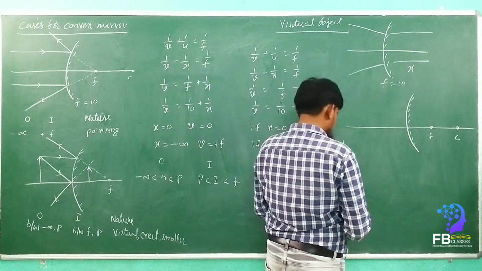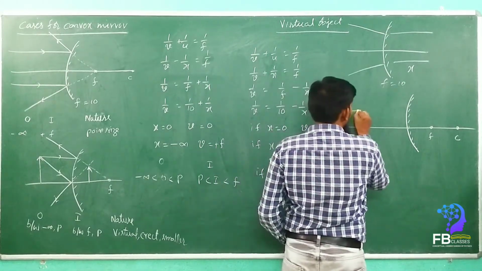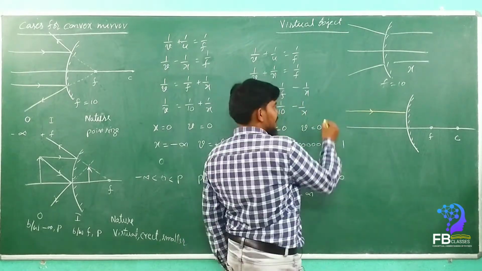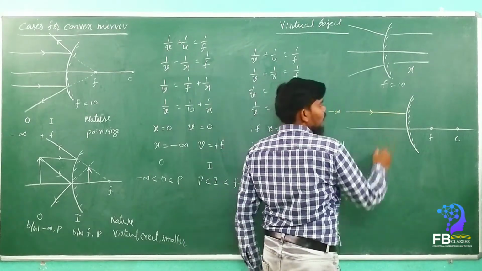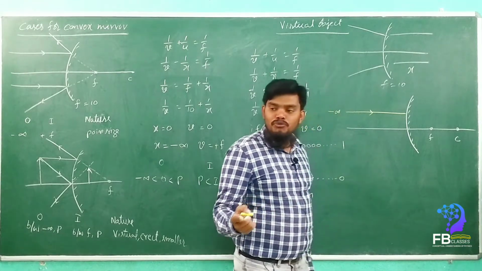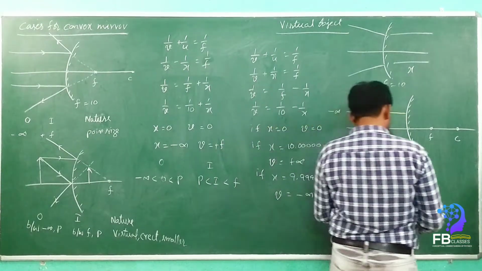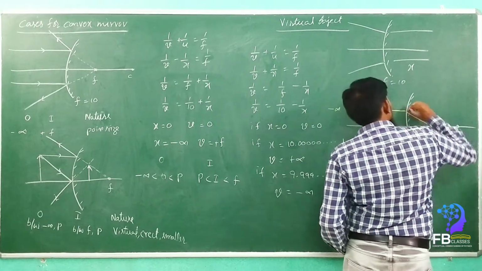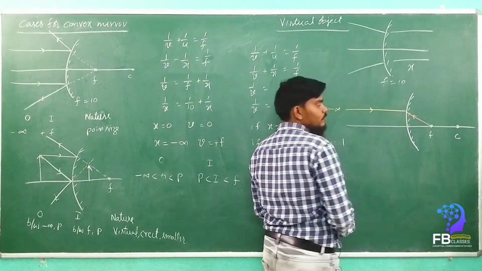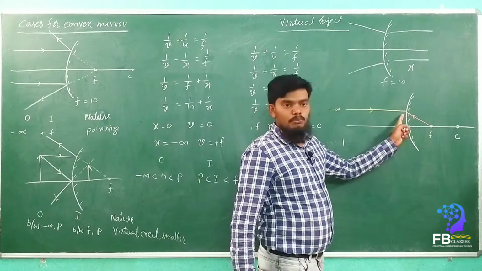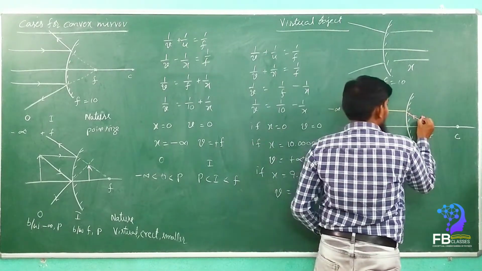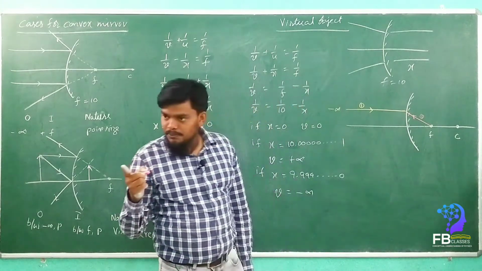When the object is moved from minus infinity to the pole, where will the image move? The image will move like this, from the principal focus to the pole. Yes or no? This is the first one. Are you getting my point? Yes, sir. Yes or no?